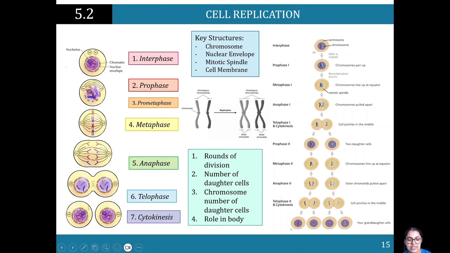That's telophase and cytokinesis, which isn't technically a part of it because we usually say it's interphase, prophase, metaphase, anaphase, and telophase, but cytokinesis is a part of it because it's in cytokinesis that the cell wall is reinstated, and now we've got two cells with the same number of chromosomes.